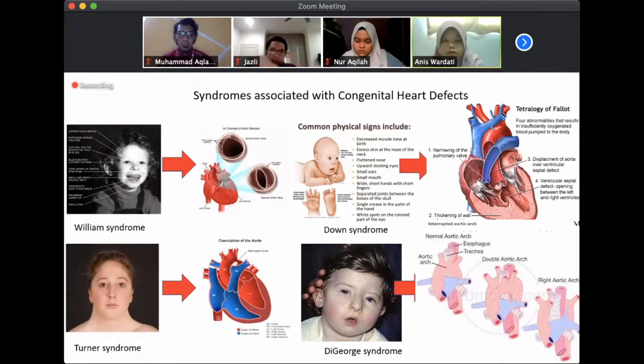Okay, good. I want to add only one thing about Down syndrome. You have to know it inside out, from the genetics until the complications and management, because this is a need-to-know topic for all doctors, especially pediatric.